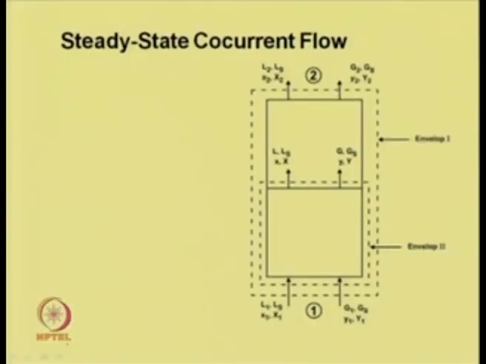Now, let us consider steady state co-current flow. The notations have their usual significance as we have discussed earlier. In this case, if we consider envelope 1, the flow is in the same direction; both gas and liquid flow in the same direction from point 1 to point 2.